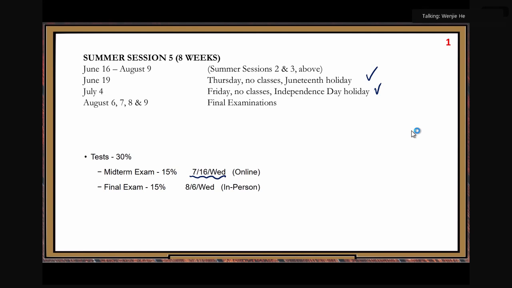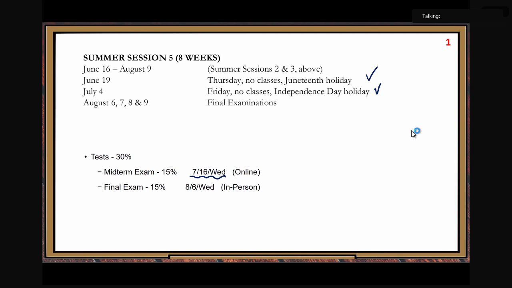If I make it online, I can use that class session to do a review. So I give you a review of the midterm. Okay? Explain questions in the quizzes, in the homework assignment on that day. So we won't do the midterm in the classroom on that day.